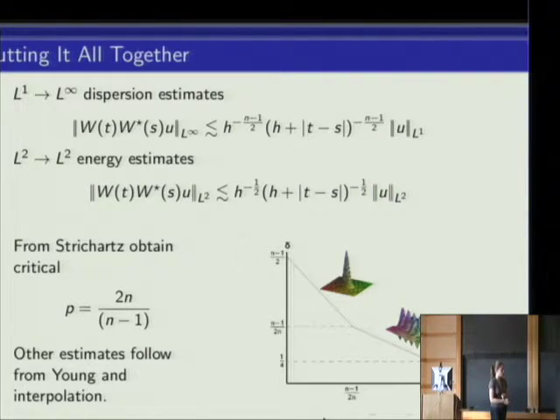And we obtain a critical point at 2n on n minus 1. Now that critical point gets to go in, and we can link it to the L infinity estimate that we already had. For L2, we just estimate directly from our L2 to L2 energy estimate, and that gives us 1/4 for the growth. Then just interpolate to get everything between. So now that gives us the complete set for our hypersurface.